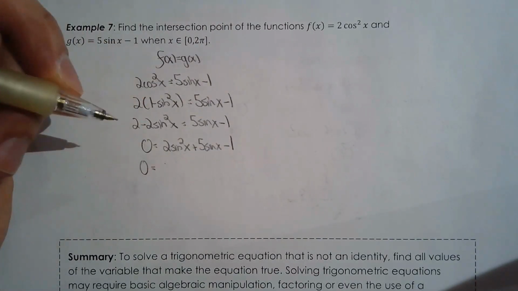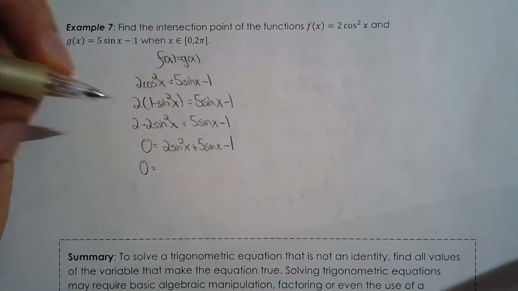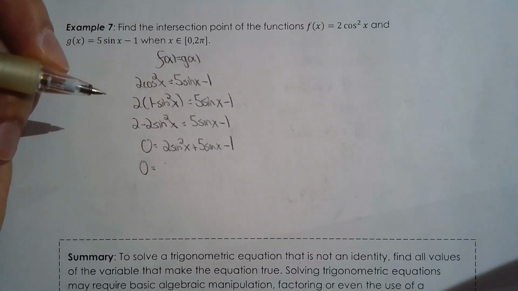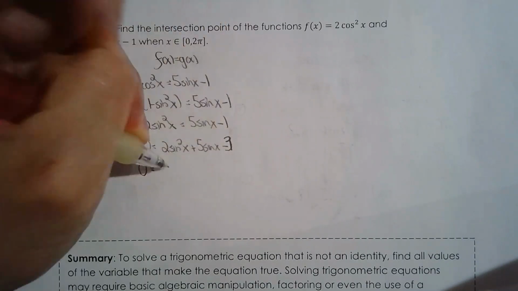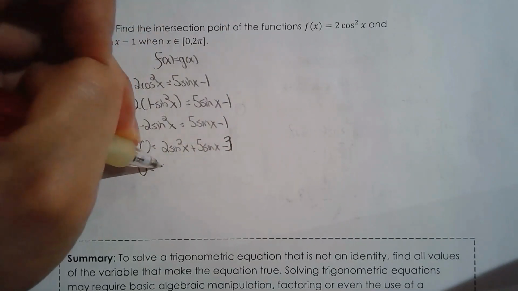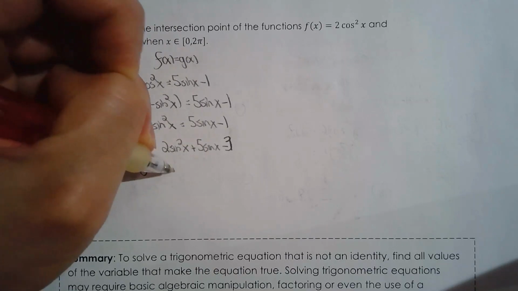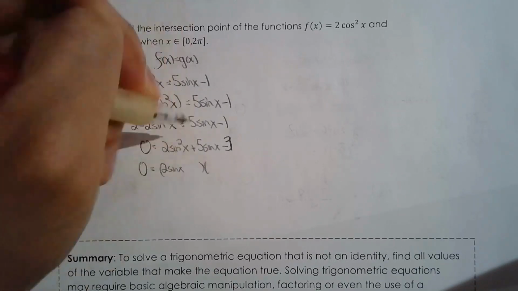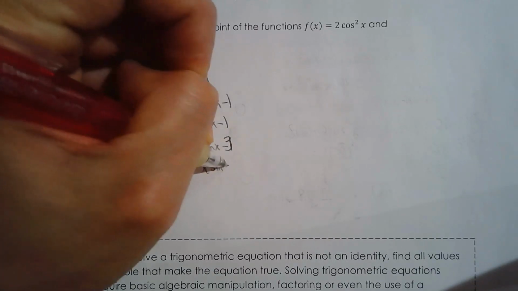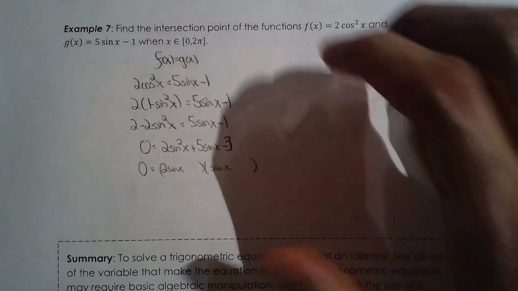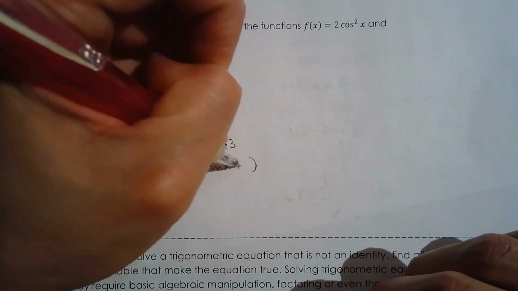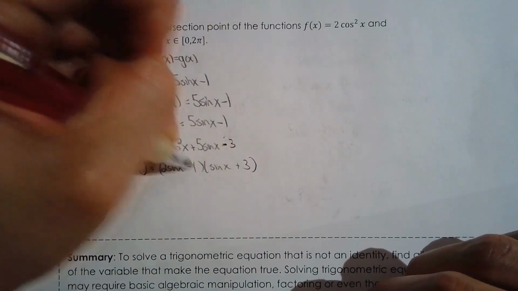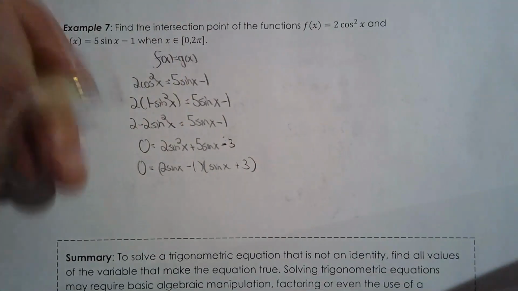Factor. Something's off. Minus 3. Because it wasn't factorable. Anyways, 2 sine squared x plus 5 sine x minus 3. So 2 sine x, and let's make that 3 a little prettier here, plus 3 to get the 6. 6 minus 1, 5.